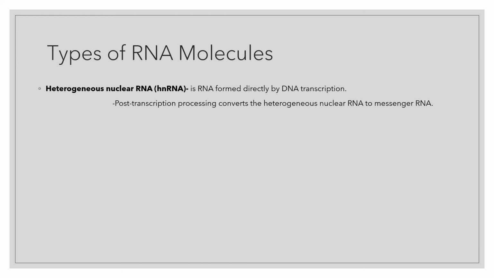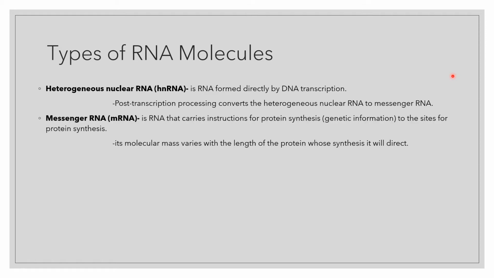First is the heterogeneous nuclear RNA, using the abbreviation hnRNA. It is an RNA formed directly by the DNA transcription. Post-transcription processing converts the heterogeneous nuclear RNA to messenger RNA.